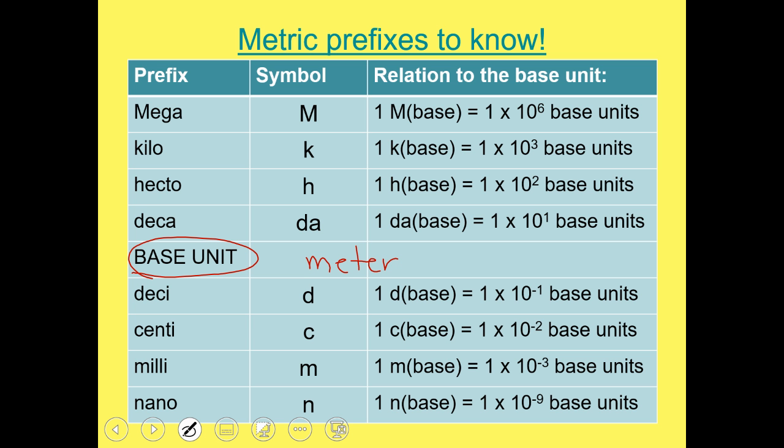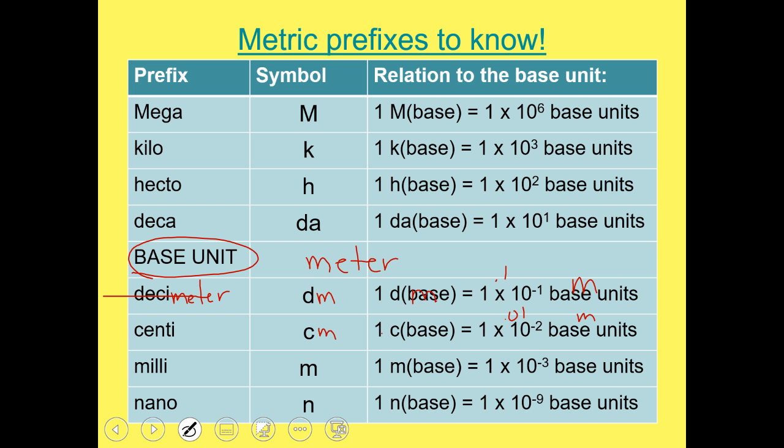Okay, let's say the base that I'm going to talk about is a meter. If I have 1/10 of a meter, I have a decimeter, which we would abbreviate dm. And so 1 decimeter is 1 times 10 to the negative 1, which is 1/10 of a meter. If I have a centimeter, that is 1/100th or 0.01 of a meter.